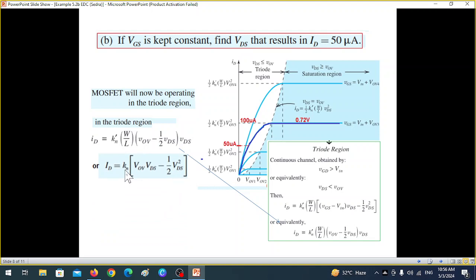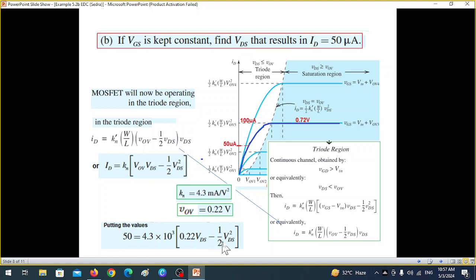So we are writing Kn, already calculated. We had calculated this value of Kn, and we had also calculated VOV. For the 100 microampere, VOV was 0.22.